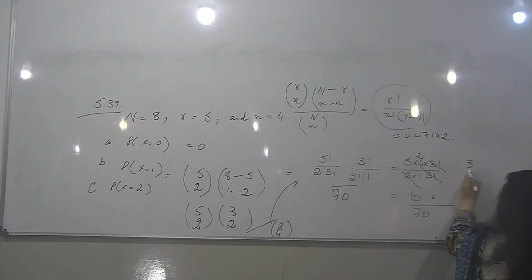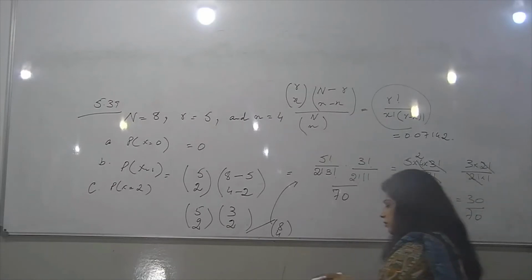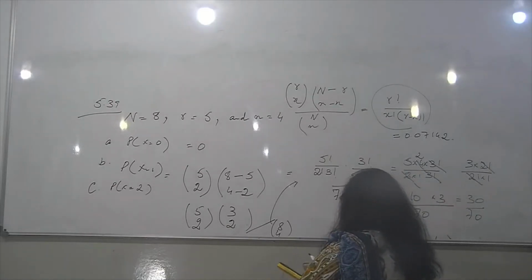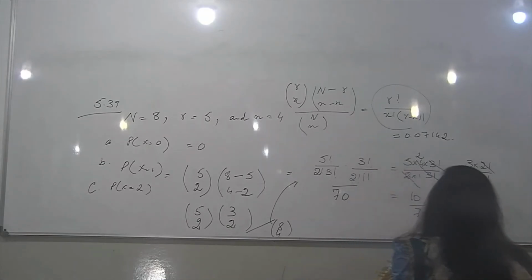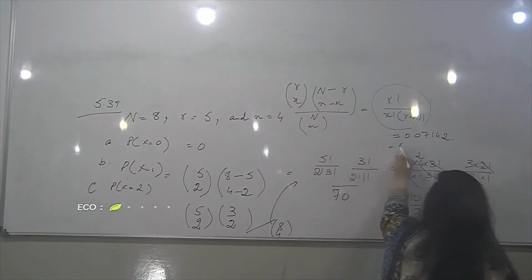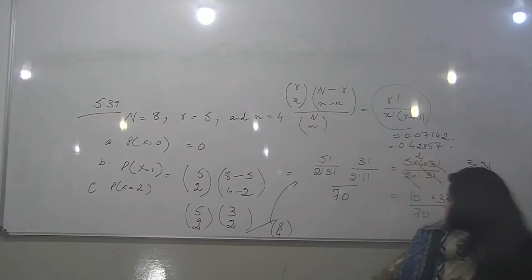So now I have 3 into 2 factorial over 2 factorial into 1. So 1 will remain 1. So I have just 3 value left. This is 30 by 70. Let me just find out what the value comes to. So this is 0.42857.